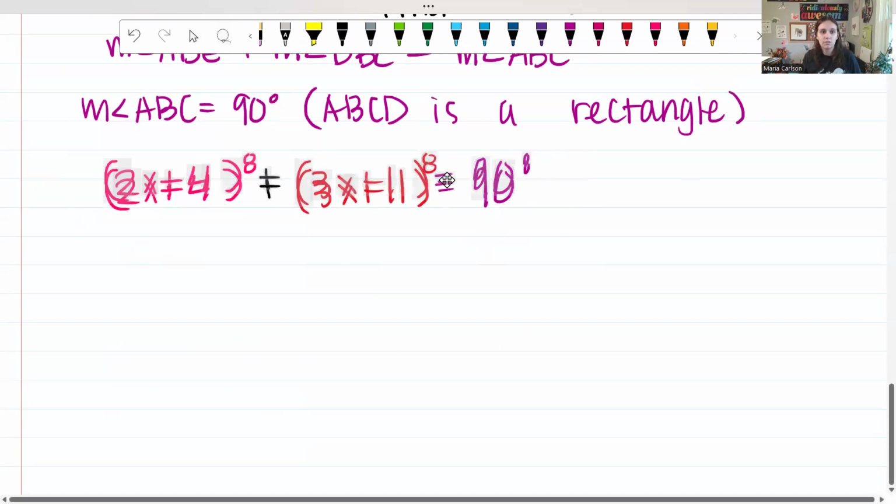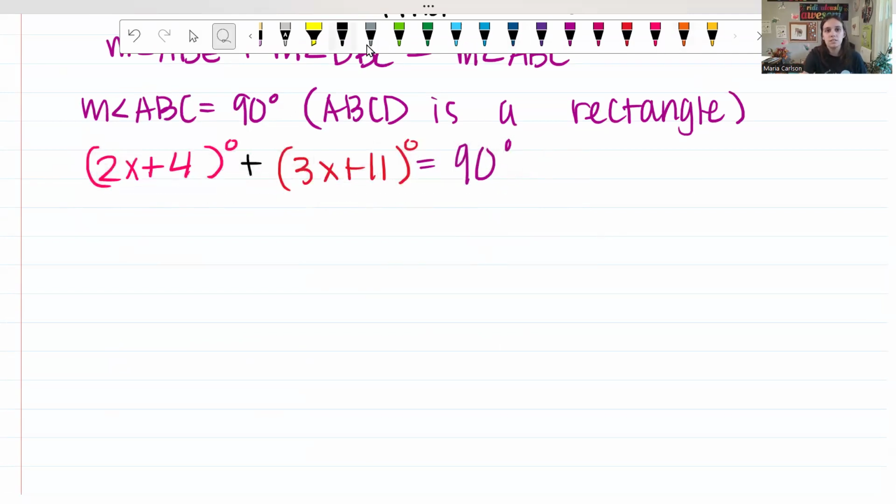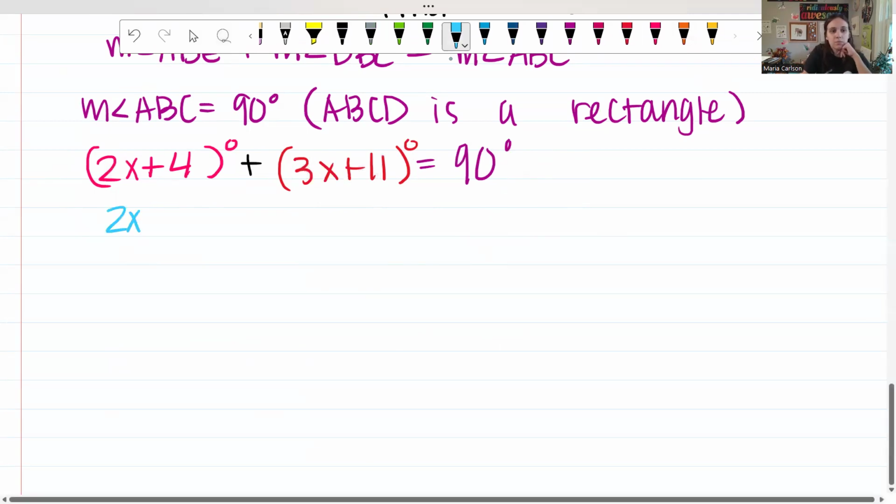So let's solve for what x actually is. And we don't need all of these parentheses. So I'm going to go ahead and just write this as 2x plus 4 plus 3x plus 11 equal to 90. And now we can start combining some like terms. I notice 2x and 3x.